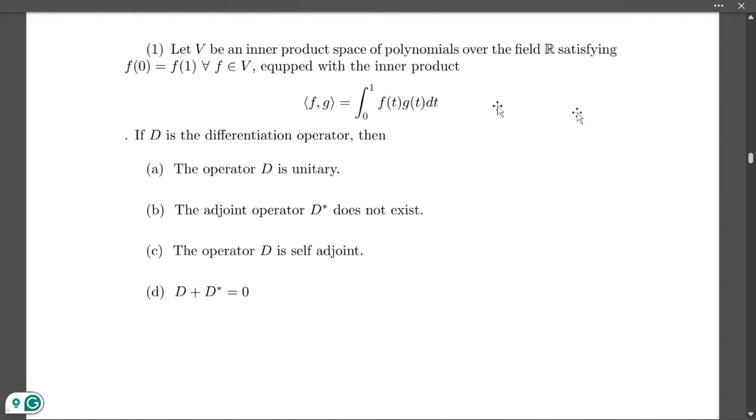I didn't write this, so I suppose we can do this together. This is a space of polynomials with an inner product, such that f of 0 is equal to f of 1.